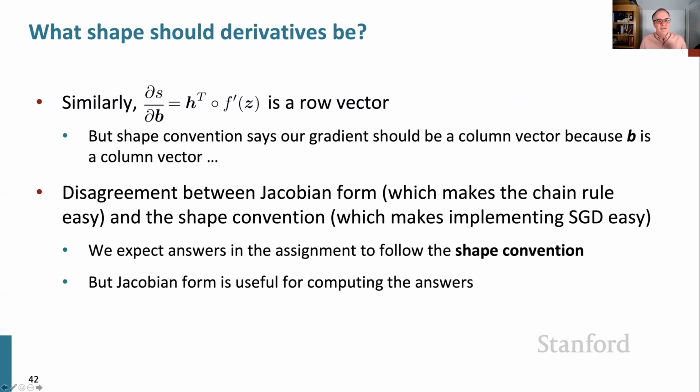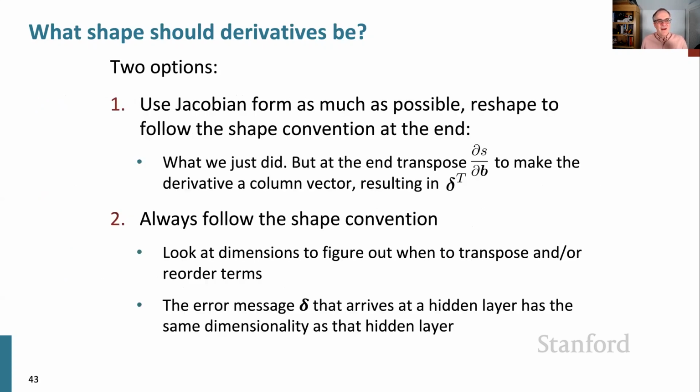The Jacobian form is useful in doing the calculus, but for the answers in the assignment, we want the answers to be presented using the shape convention, so that the gradient is shown in the same shape as the parameters, and therefore it's the right shape for doing a gradient update by just subtracting a small amount of the gradient.